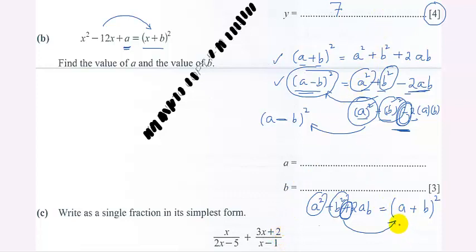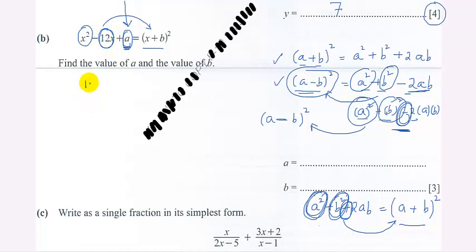To complete in this whole square form, there must be two squares, a square and b square. But here we have one square, x square, but this is not a square. We have to find that. If the second square is not given, to find the second square, we always take the help of this.